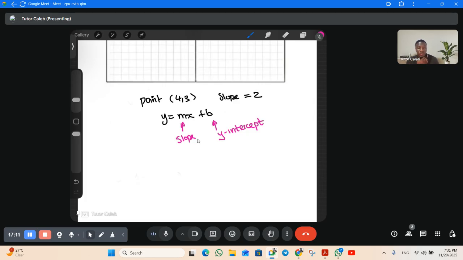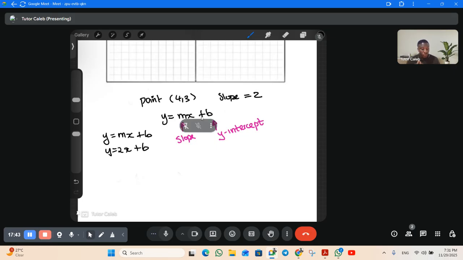What we don't know is the y-intercept, but we can find it. How do we find the y-intercept? We find it by putting the given point and the slope into the equation of a straight line. So if we put in the slope, we have y equals 2x plus b.